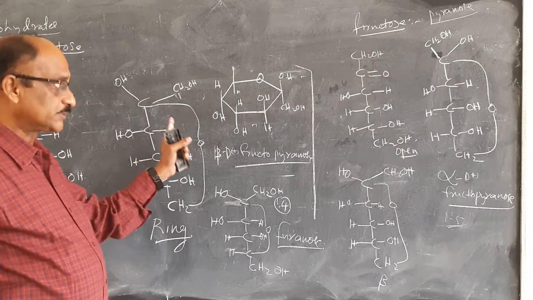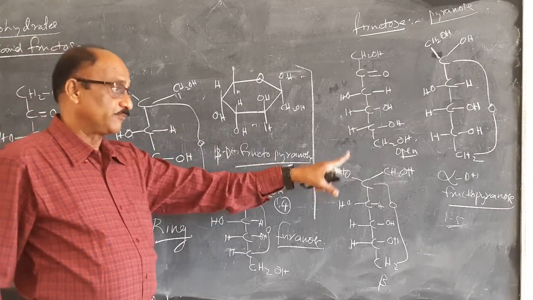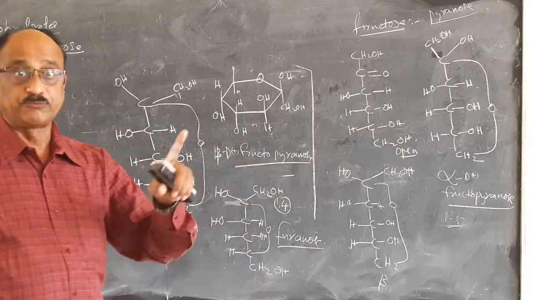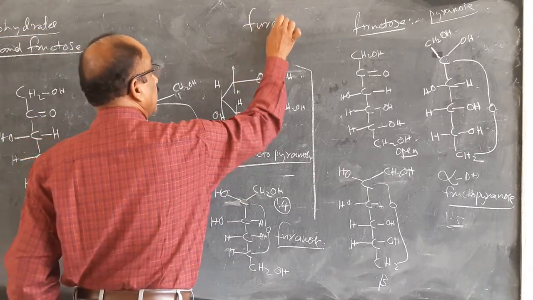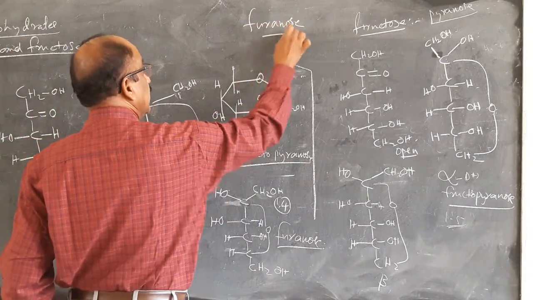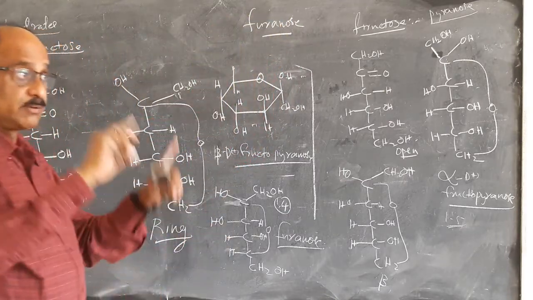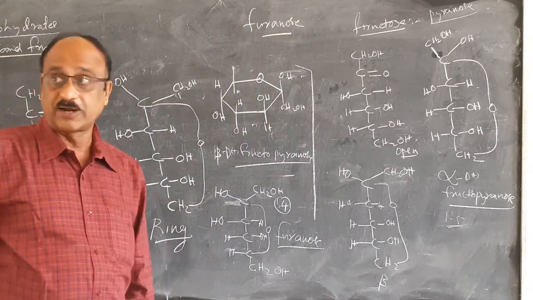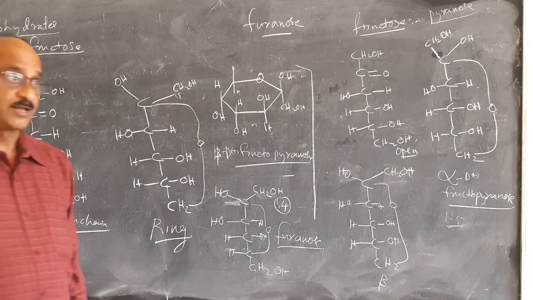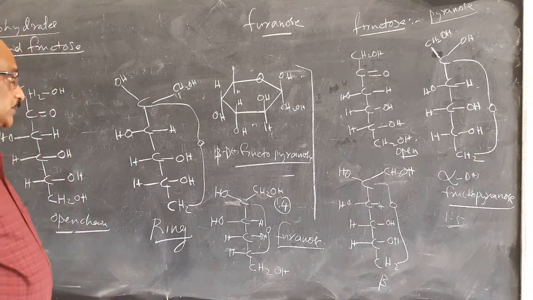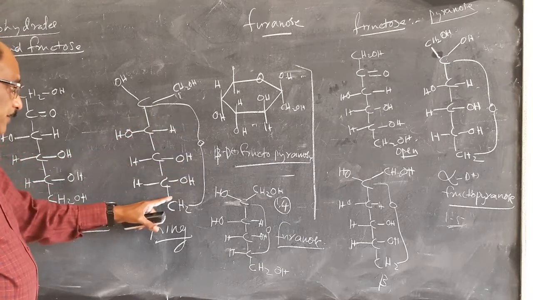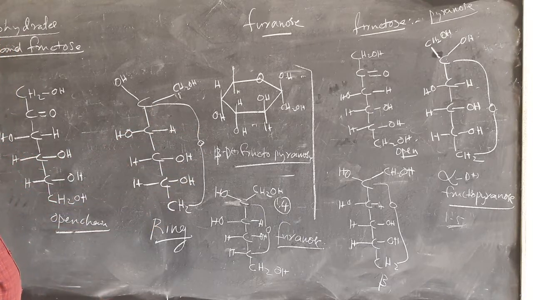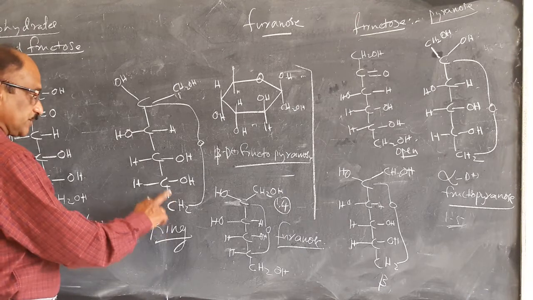Therefore, you have to study both the pyranose form as well as the furanose form. What is the furanose form? The furanose form is a 5-member ring system, like the parent component furan, the heterocyclic compound. So you have to change this ring system into a 5-member ring system, in which this is exempted and this one.